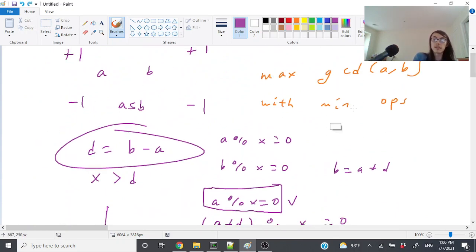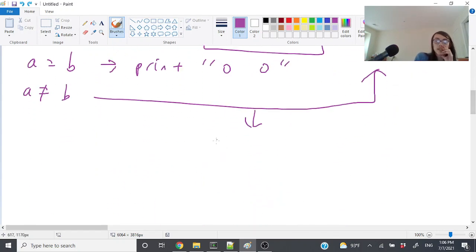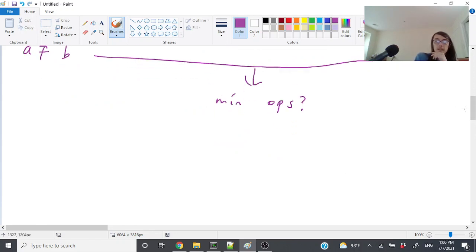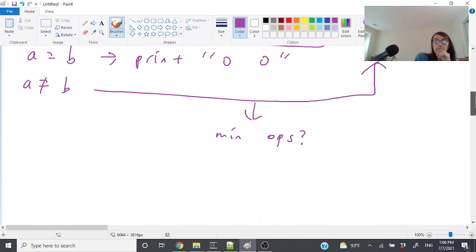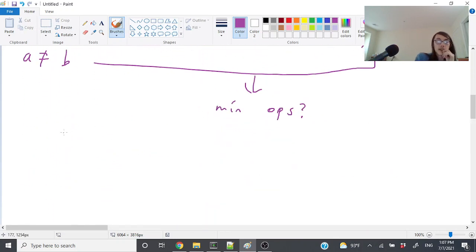But can we do better in terms of operations? Now what about minimum operations? So we're essentially saying we need a to be a multiple of d, and we need b to be a multiple of d.